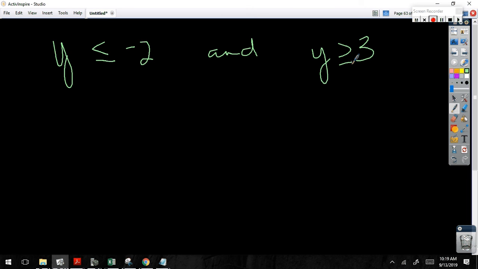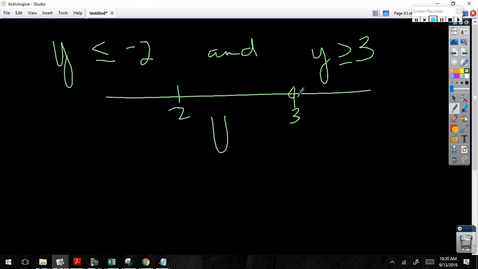With interval notation, if it's not between two values and it goes off in different directions, this is when you start thinking about your compound inequalities, whenever you had ands and ors. You can join two intervals together in interval notation, and to do that, you just use a U. So if this is -2 and this is 3, this goes this way, this goes this way.